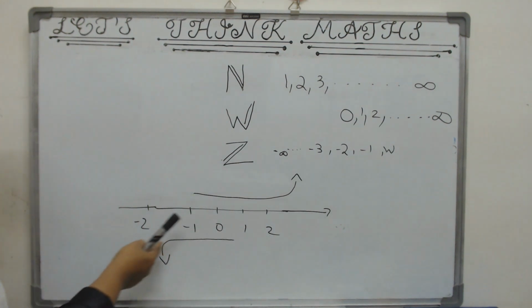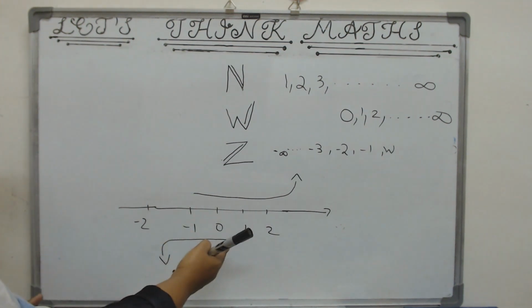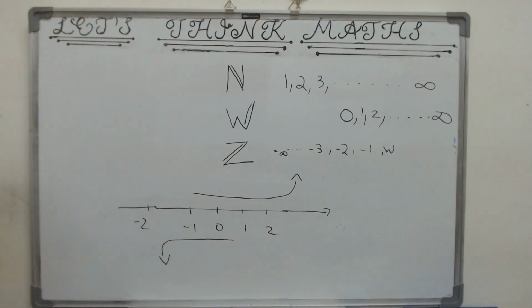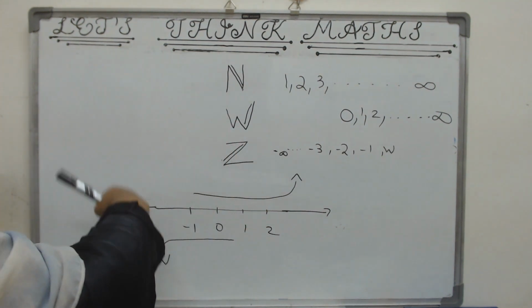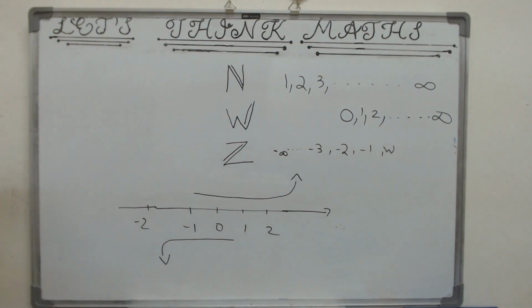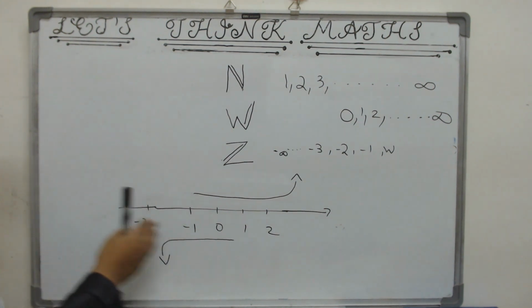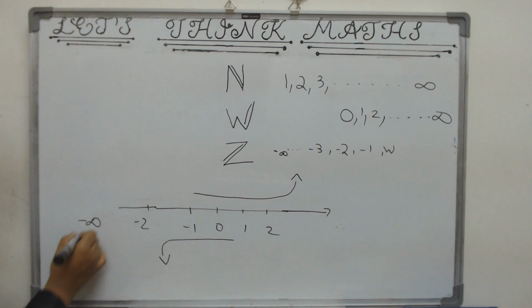But as we go towards the left, their values decrease. So the greatest negative integer is -1. And as we go to this side, their value decreases and decreases. And there is no such thing as a smallest negative integer because it just tends to -infinity. It just goes on and on and on.